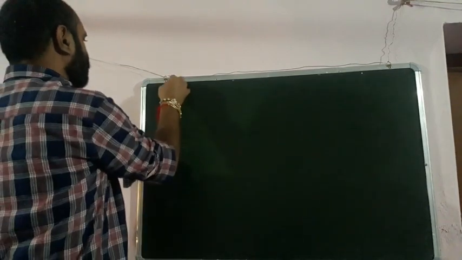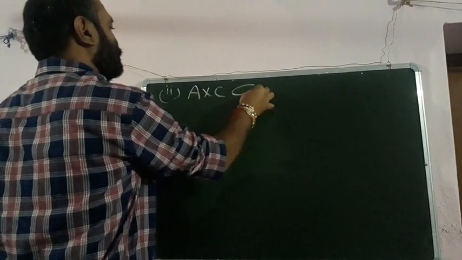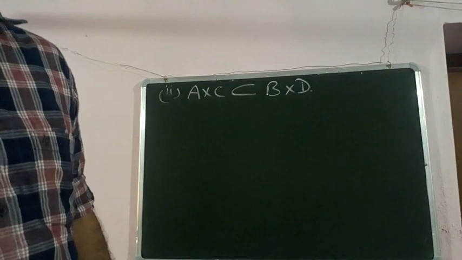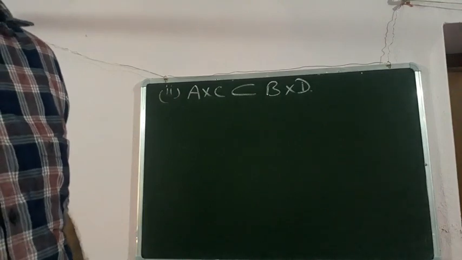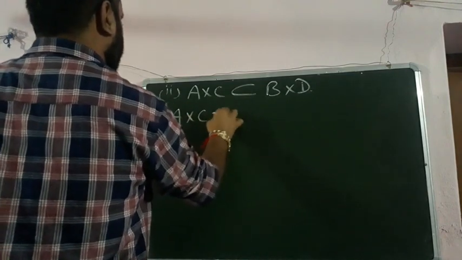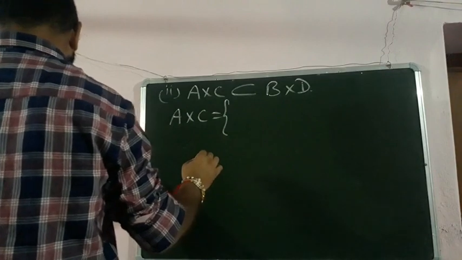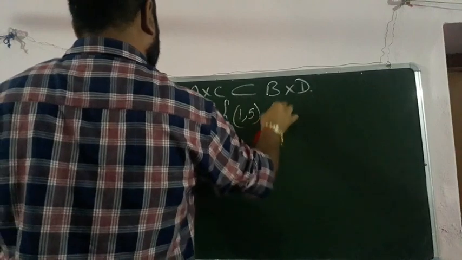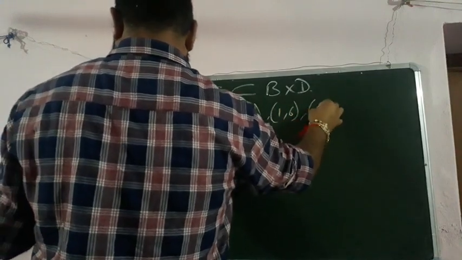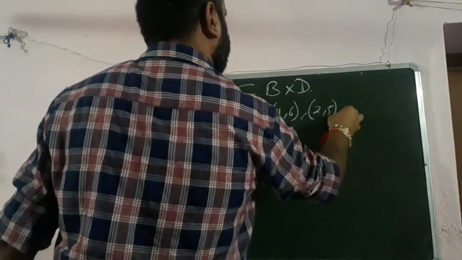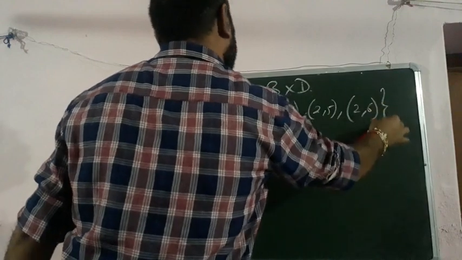The second part is A cross C is a subset of B cross D. You have to verify that A cross C is a subset of B cross D. So first we have to find A cross C. In A cross C, the pairs formed, as you know, are 1 5, 1 6, 2 5 and 2 6. These are the pairs in A cross C.